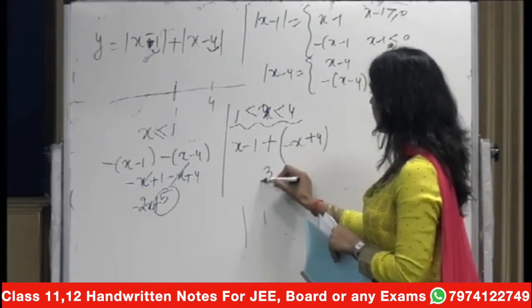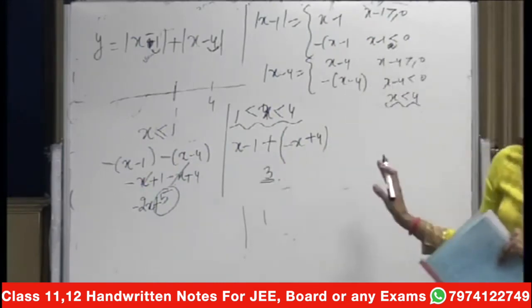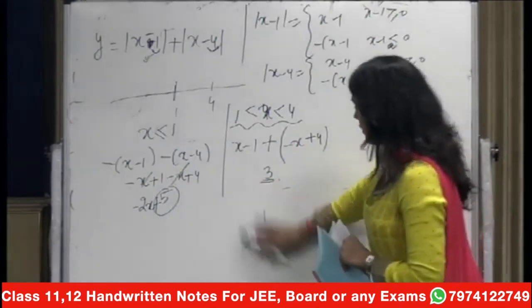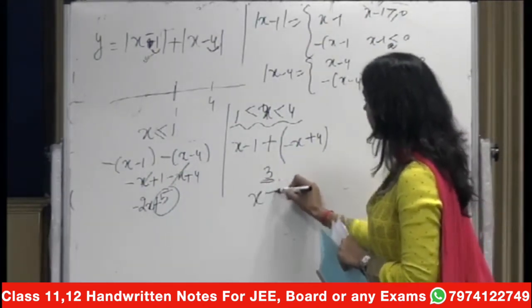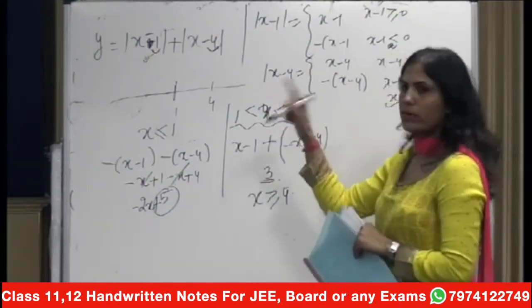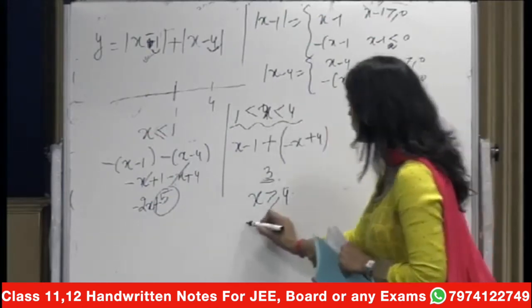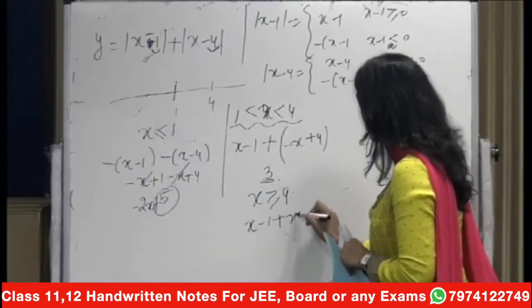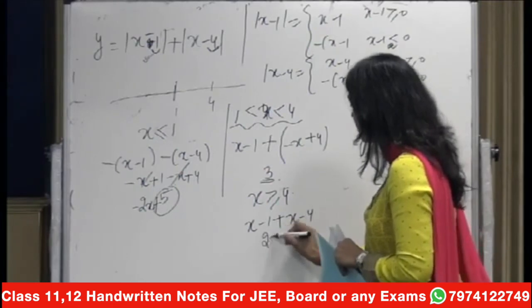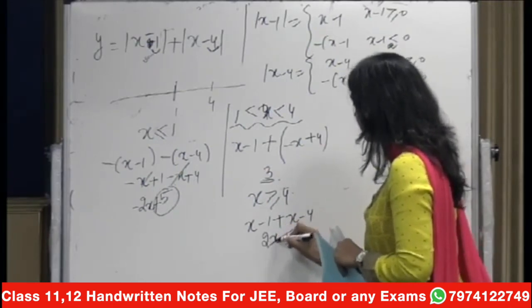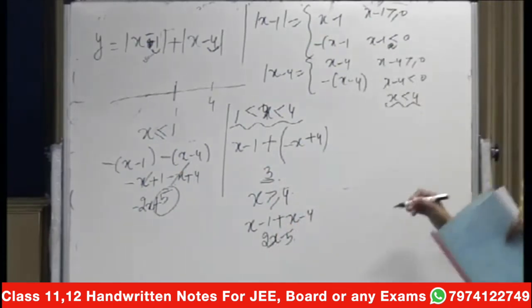So it is 3 only. Now it is okay. What about now x greater than or equal to 4 values? Both will be positive. So your function will look like 2x minus 5. I can say now this is a function. So these are the values we have got.